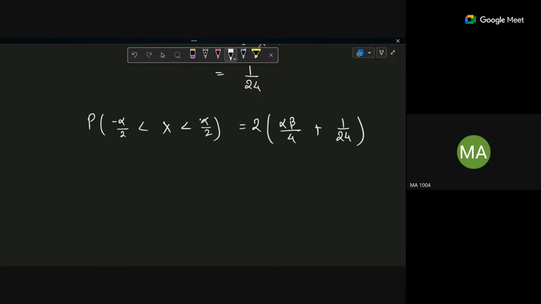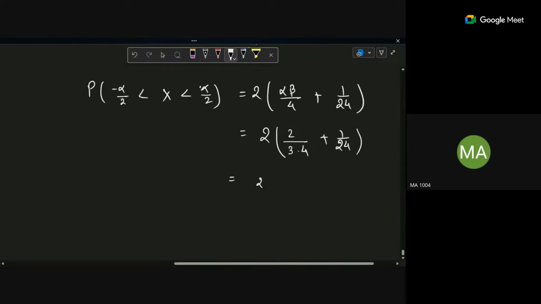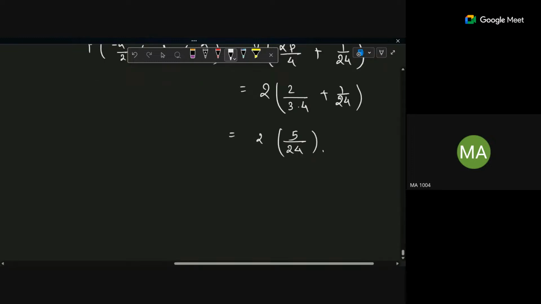Again, alpha beta is 2 by 3, plus 1 by 24, so 5 by 24, which is nothing but 5 by 12. Is it okay? Yes, ma'am. So that was your probability that modulus x is less than alpha by 2.